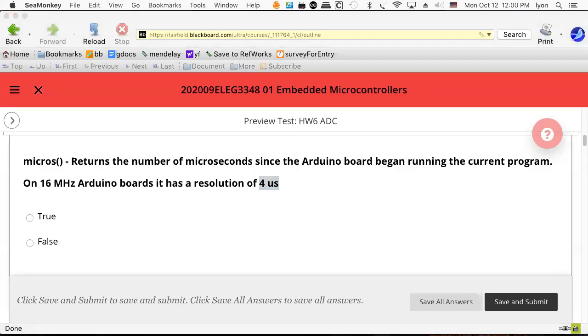And that's true, actually. It's kind of an interesting idea, right? Because I wonder what the frequency is for 4 microseconds. So it's 4 times 10 to the minus 6. Then take that number and raise it to the minus 1 power, and what do you get? We don't get 16 million. So why do we get a number like 250,000?